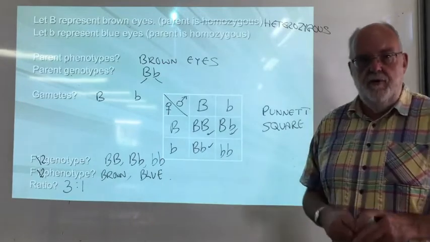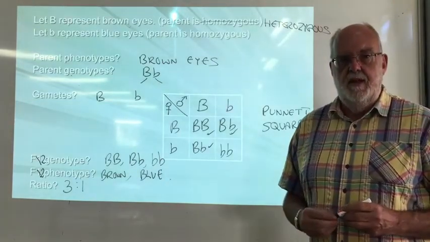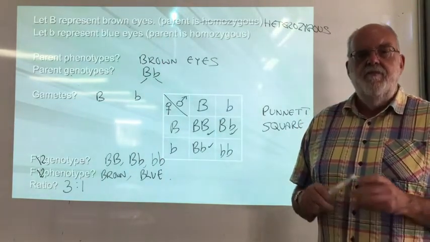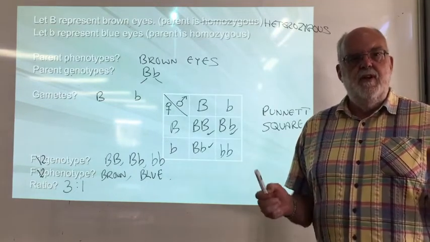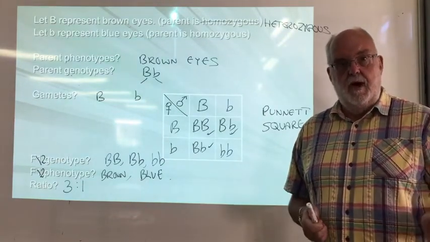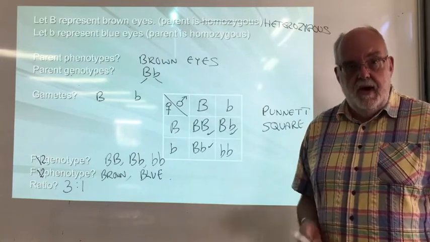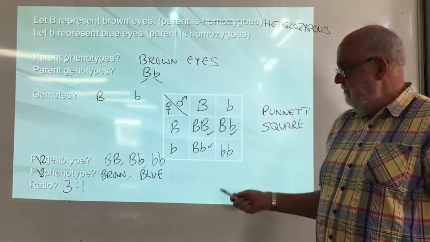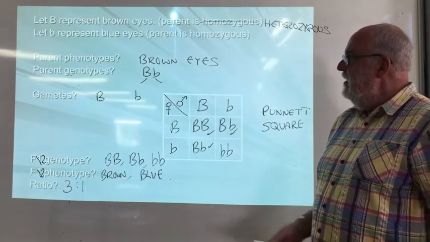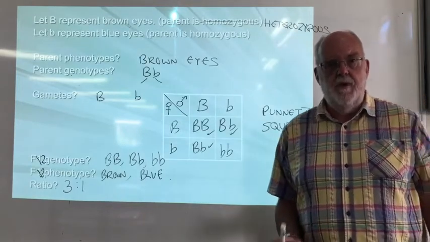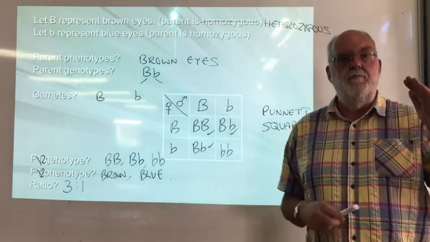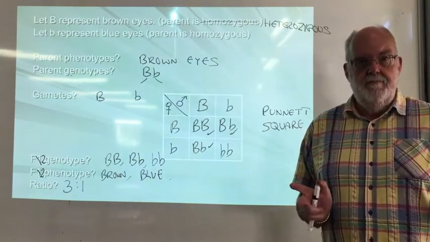That's an extremely important ratio that you'll come across a lot in monohybrid inheritance. Whenever you get a ratio of two different phenotypes of 3 to 1, you know you're looking at a monohybrid inheritance, a monohybrid cross.